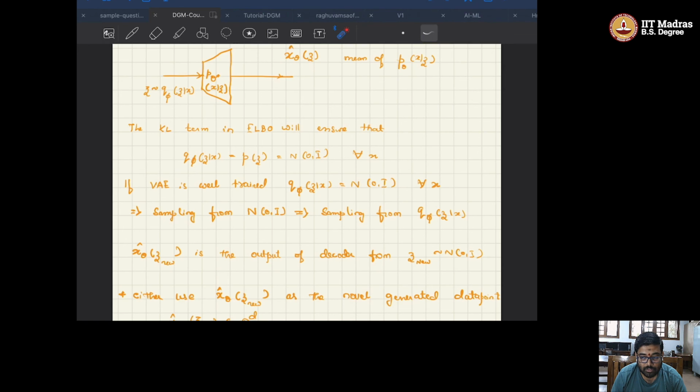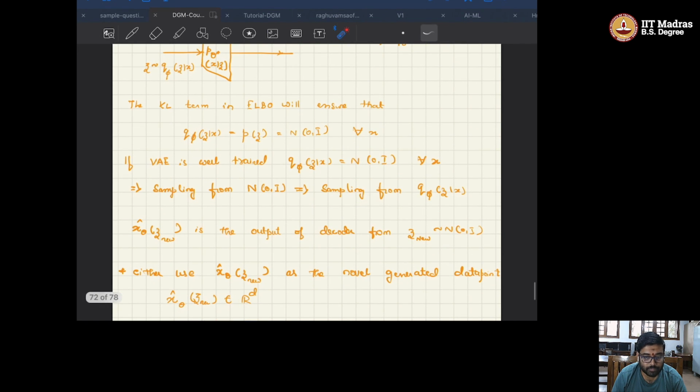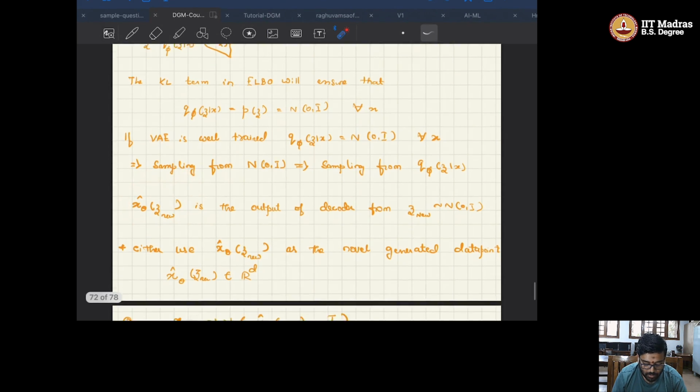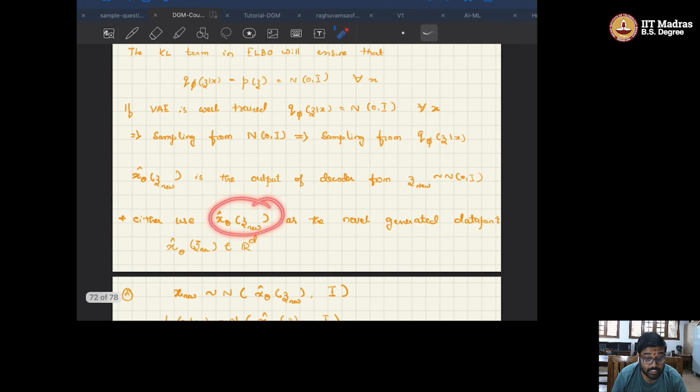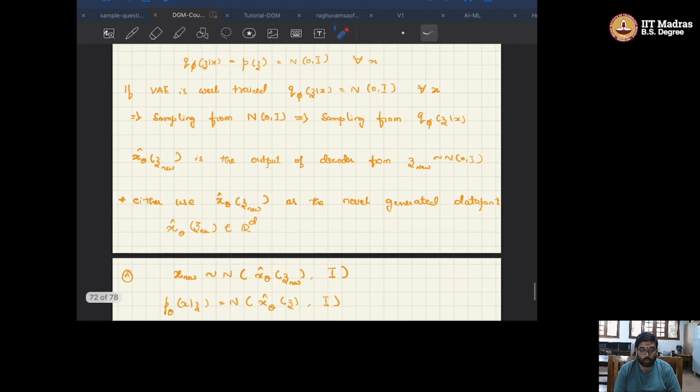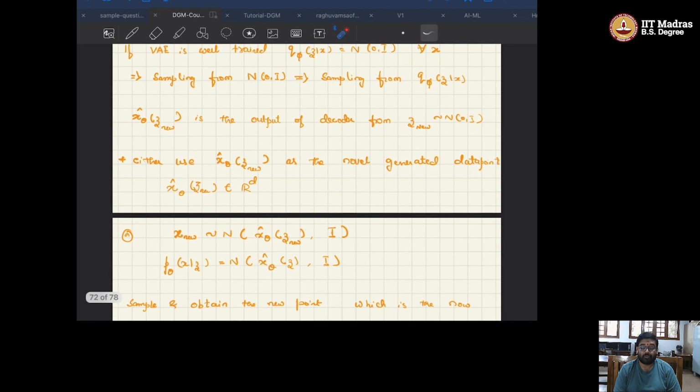So what do you do? The output of the decoder is this specific value. You pass this Z new through the decoder and obtain this. Either you use this itself as the newly generated example, or you sample from the distribution and obtain more points.